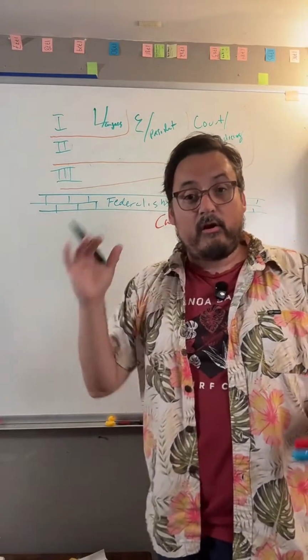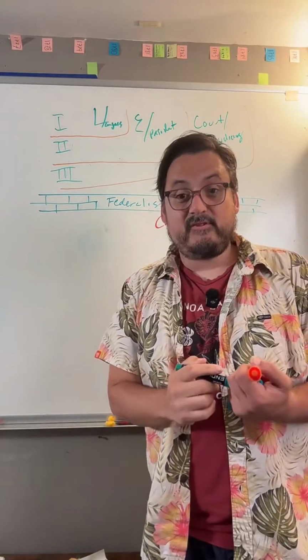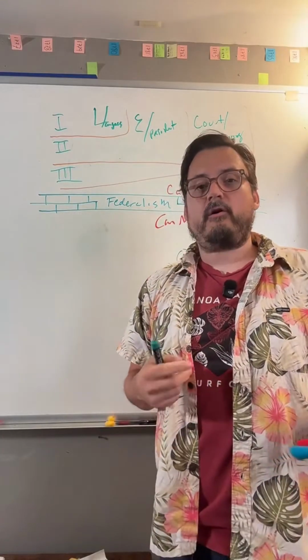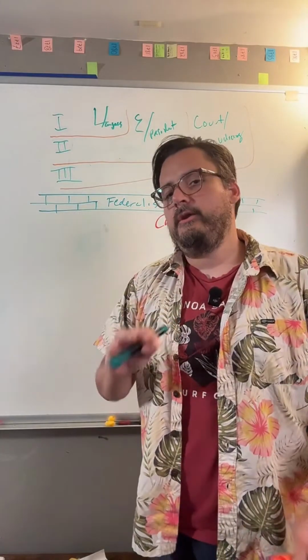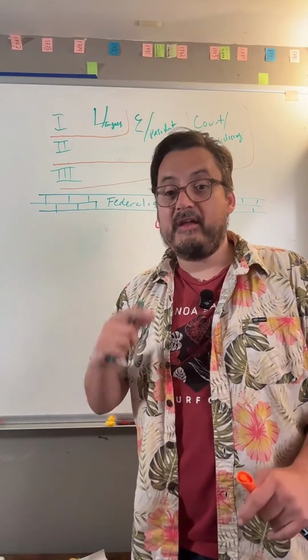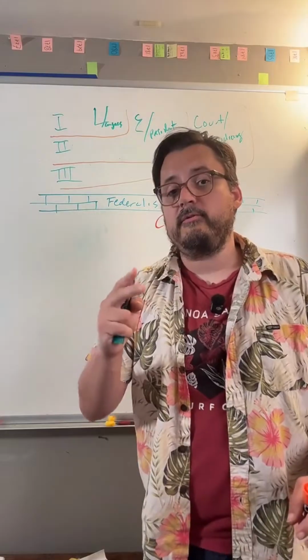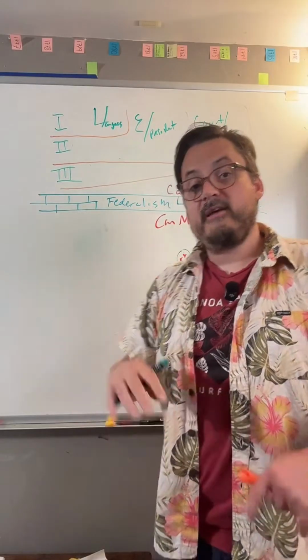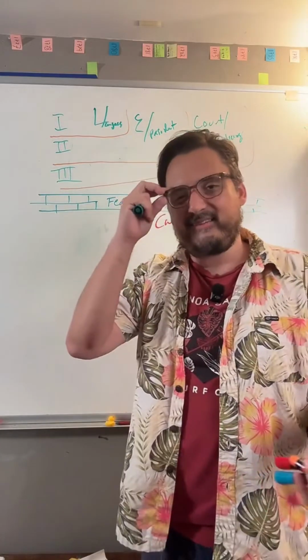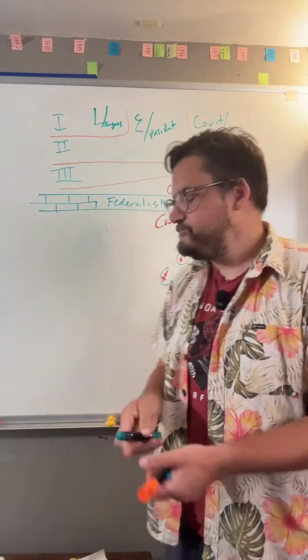And these guys are given, in Articles 1, 2, and 3, each one of them is given certain powers, and they're written in there. And these are called the enumerated powers. Enumerated, think number, as in power number 1, power number 2, power number 3. It's a list of powers. And so they're called the enumerated powers because they're listed as though they're numbered. They're not exactly numbered, but they're still called enumerated.